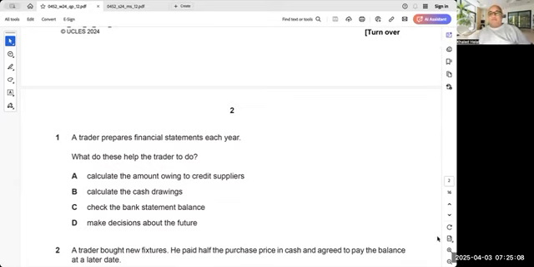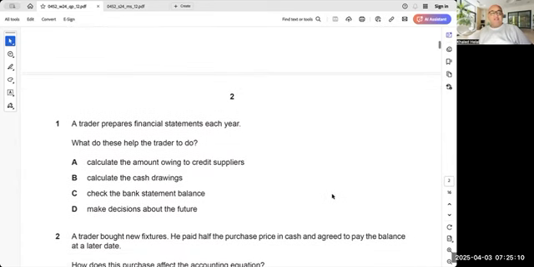Okay, let's go there. It says a trader prepares financial statements each year. You can write in the comments if you want me to explain further. However, let me give you tip number one: the answer for any multiple choice question is in the question itself.